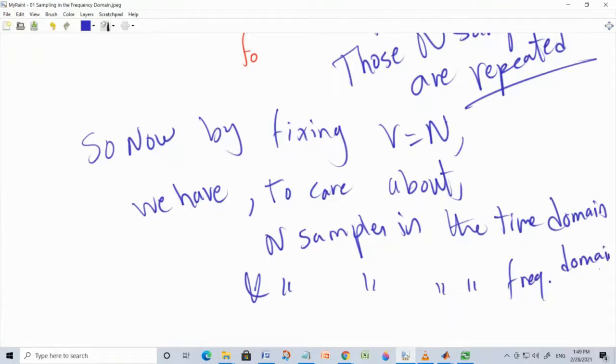When you choose v equals n, you have n, generally speaking complex, numbers in the time domain, and n complex numbers in the frequency domain, and you can go back and forth between them. This symmetry, n numbers in one domain and n numbers in the other domain, is an appealing thing. So that's one motivation to fix v equals n.